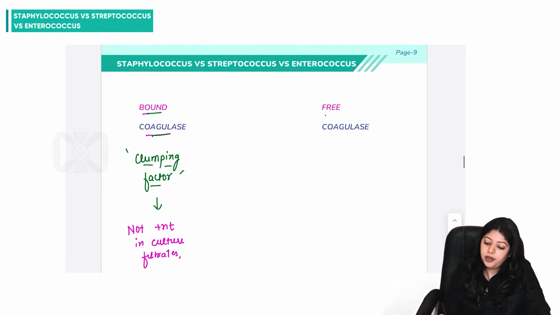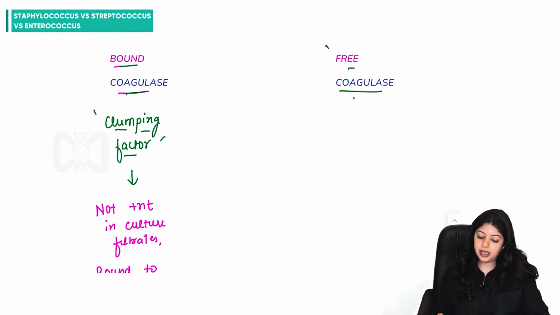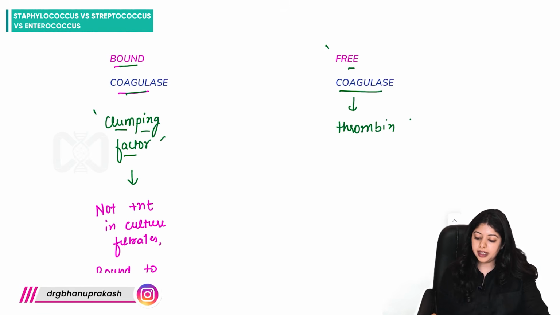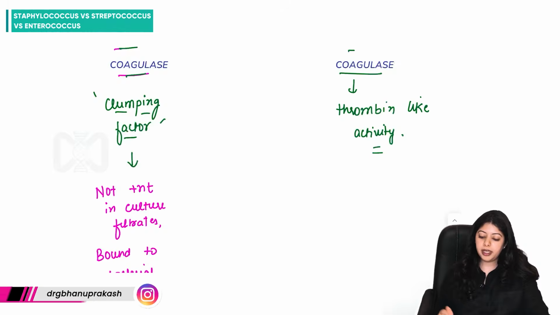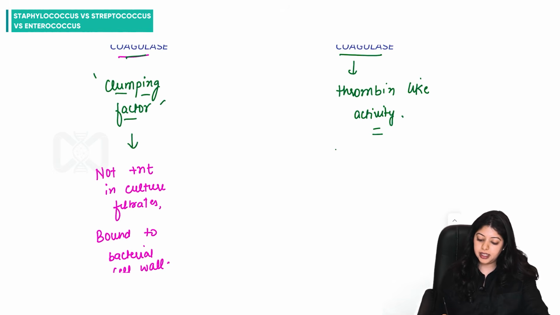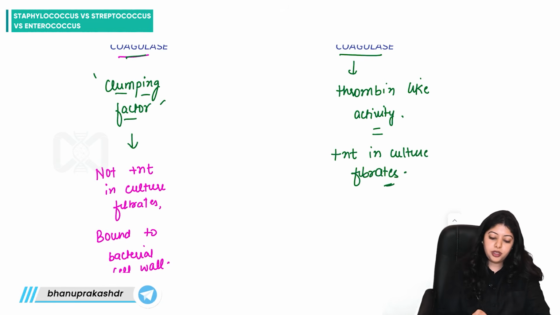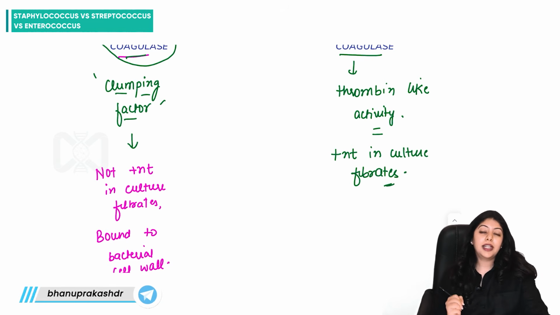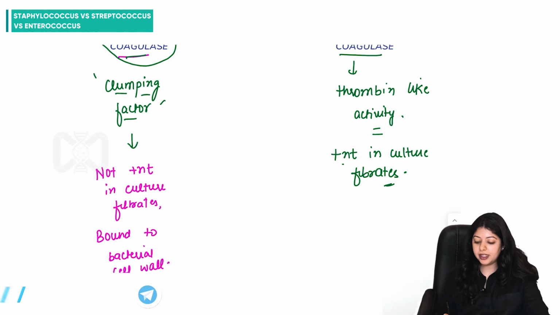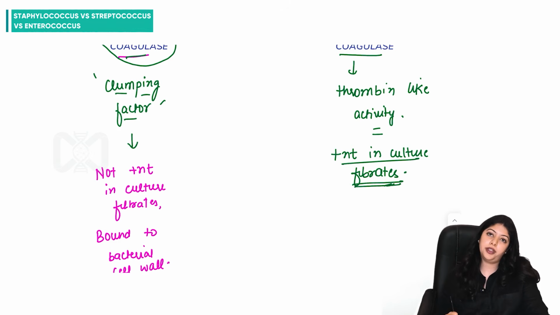And this free coagulase has thrombin-like activity, and it is present in culture filtrates. The bound coagulase was attached to the bacterial cell, whereas this would be present in culture filtrates.